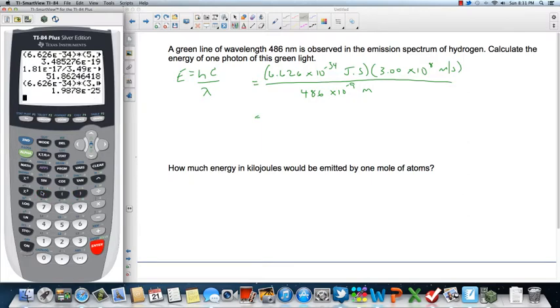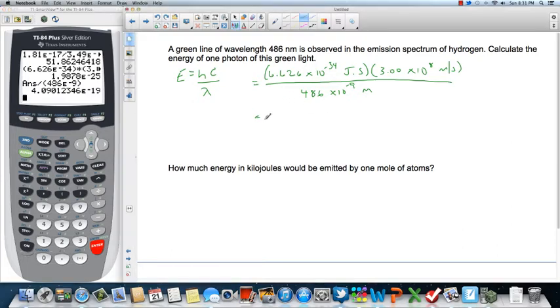That's the product of the numerator, and we're going to take the whole thing and divide it by, open parentheses, 486 times 10 to the negative 9th, close parentheses, equals. And what we come up with is 4.09 times 10 to the negative 19th joules, whatever that means.